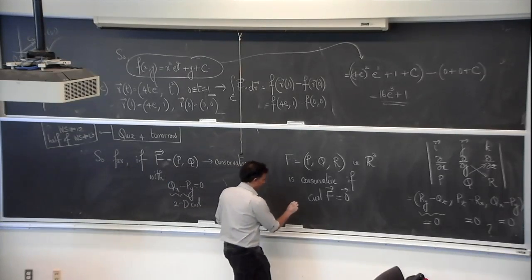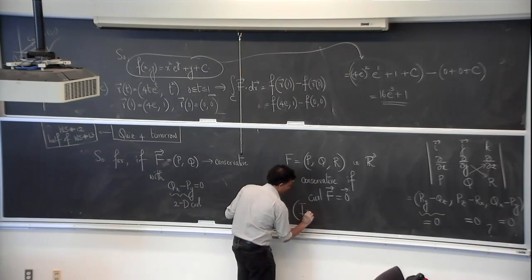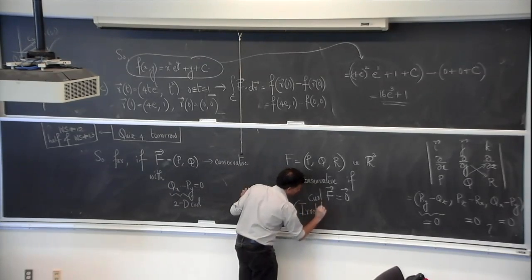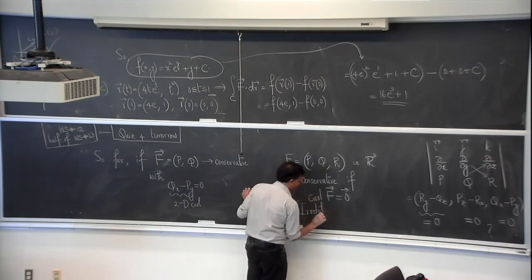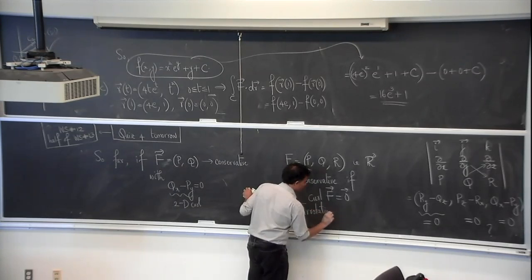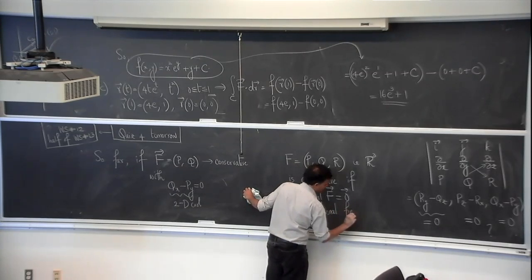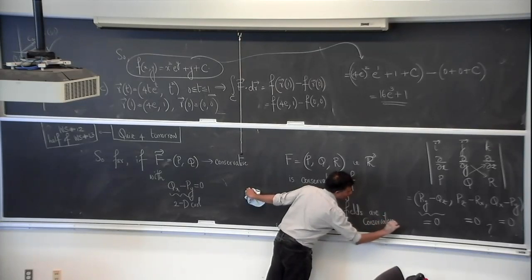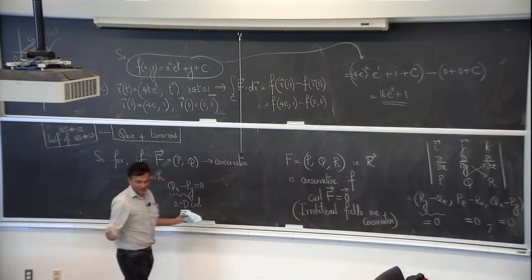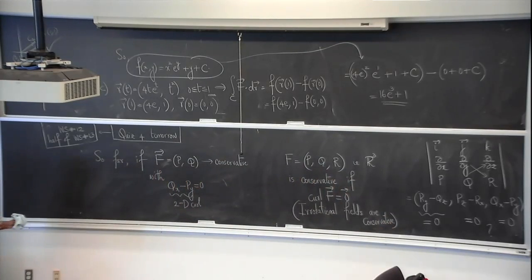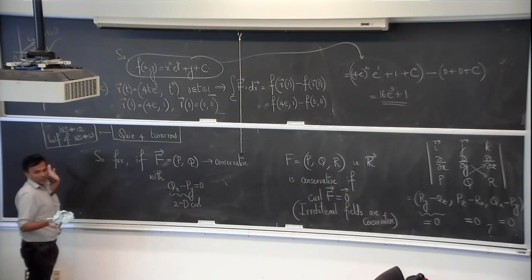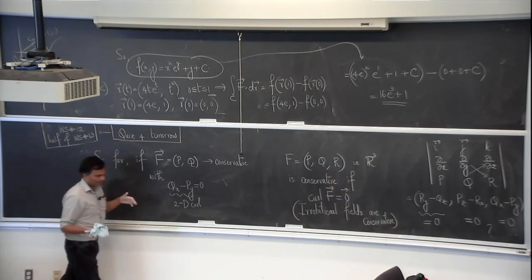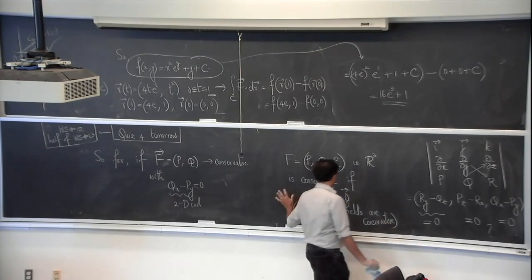So once again, the important thing here is that curl is a measure of rotation, so irrotational vector fields are always conservative. It's a completely different story if there is some kind of rotation involved, and the vector field becomes non-conservative. Then we have no idea what's going on. There is nothing intuitive going on there. Right now, things are pretty much under control.